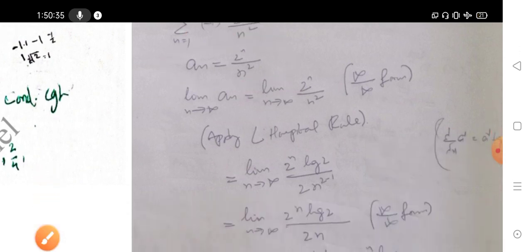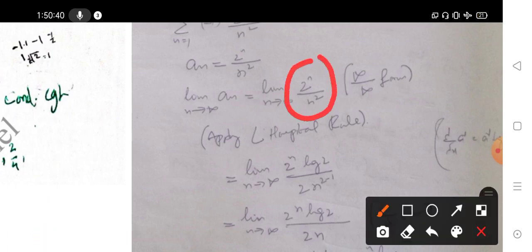Now the limit n tending to infinity of an equals 2 raised to n upon n square.